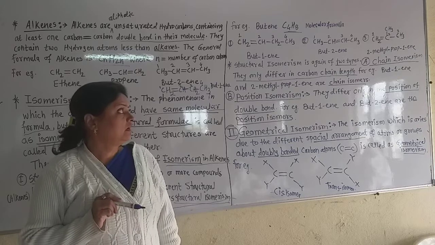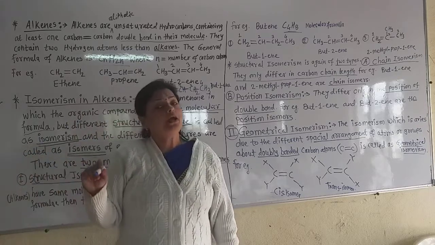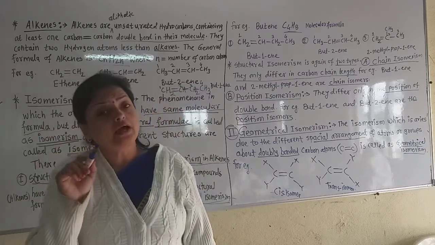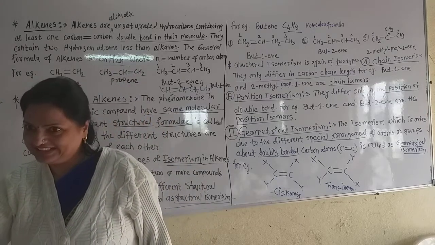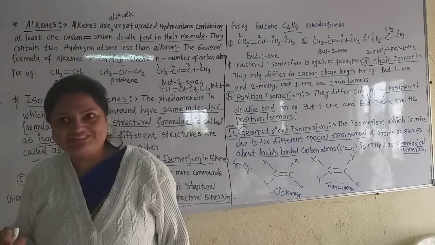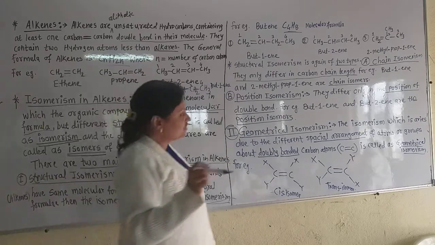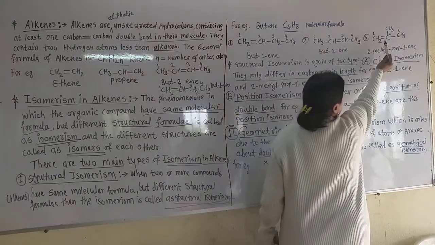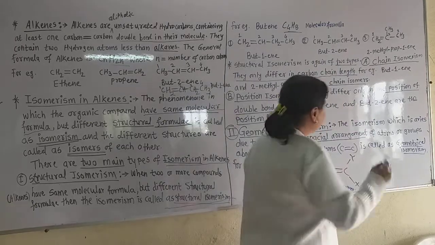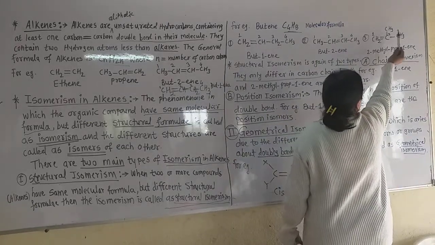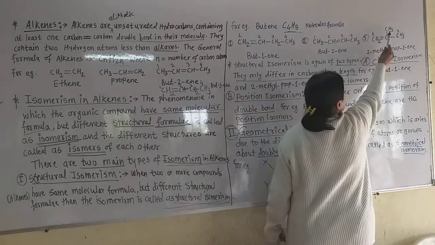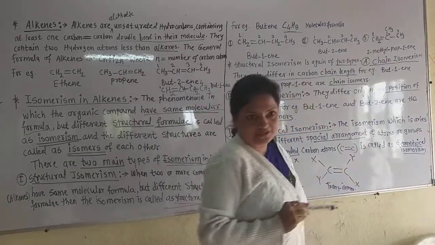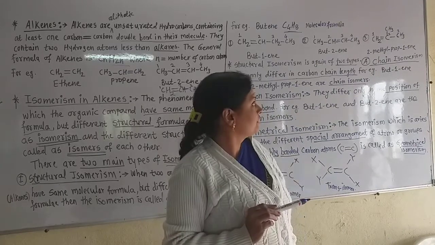Why do I give the name 2-methylprop-1-ene to the last structure? See here. During numbering we number only the carbon atoms which are present in the straight chain. The branches are not given a number. So in the straight chain, as the double bond is from this side, I give here number 1, 2 and 3. And on the second carbon there is this methyl group, which is the branch or substituent.